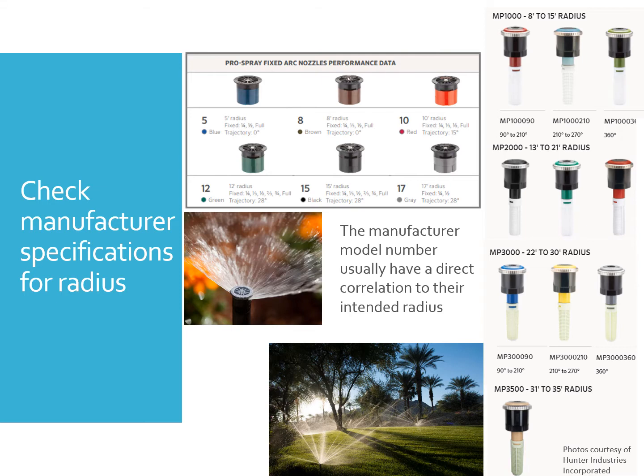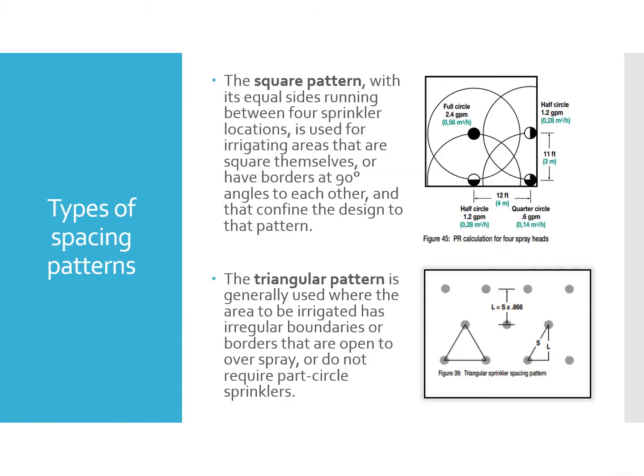So if you just take the first two numbers, that's the approximate radius that you're going to be working with. Like the MP 3000 is about 30 feet, and the MP 3500 is up to 35 feet. So that can kind of help you out a little bit if you come across a nozzle and you read what it says on top of it, that there's usually a correlation between the radius and the model number.